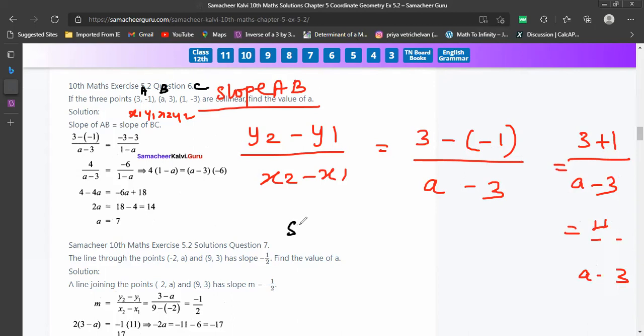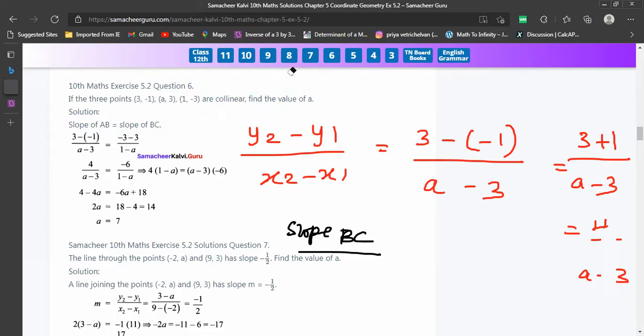And for slope BC, what is slope BC? You have to calculate with the next 2 points. Now this will be your x1, y1, and this will be your x2, y2, for BC. It's y2 minus y1 upon x2 minus x1.